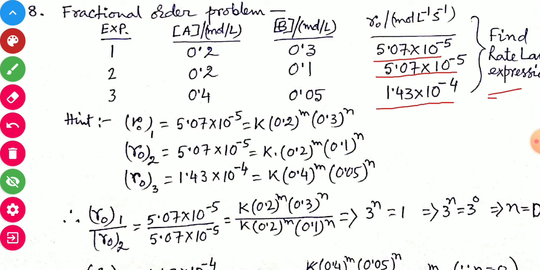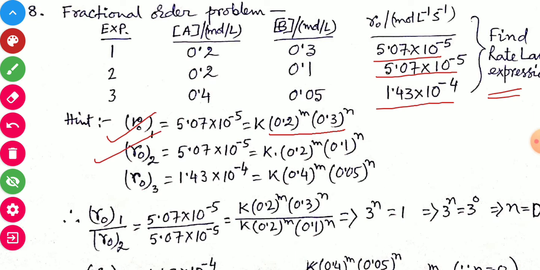Find the rate law expression. In this case, you are to write like R0 1 equal to 5.07 into 10 to the power minus 5 equal to K into 0.2 to the power m, 0.3 to the power n.